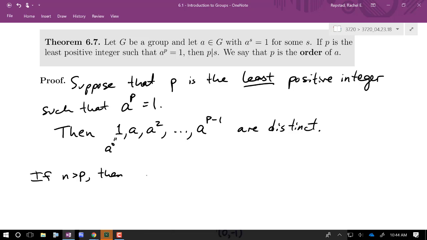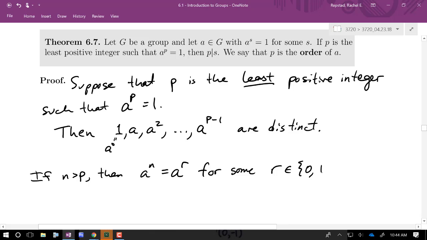Then A to the N will be equal to some power of A that's already there. I'll write that as A to the R for some R in this set from 0 up to P minus 1.